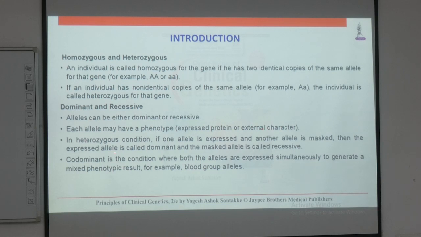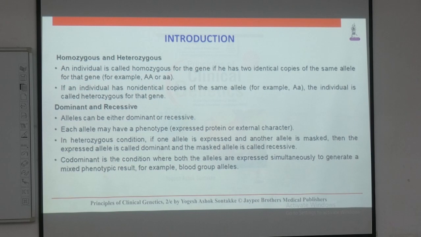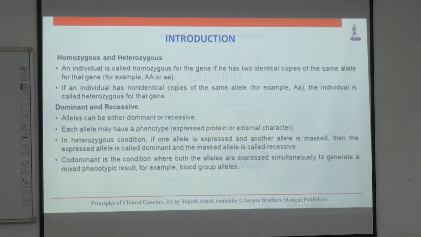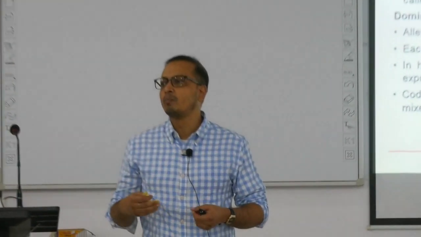Now in a heterozygous condition, when we have genes which are non-homologous, this one is the heterozygous condition, and this is the homozygous condition like this. If one of the genes is expressing, we call it a dominant gene. And if the other gene is not expressing, we call it a recessive gene.